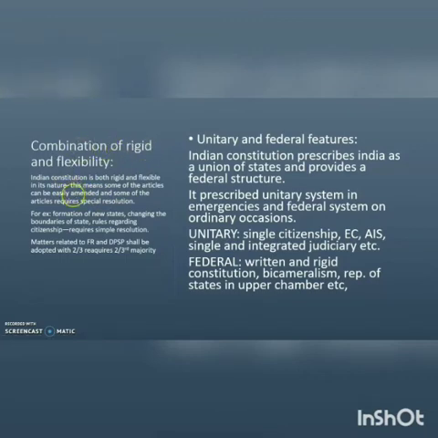Now, which articles cannot be changed easily, and which articles can be changed easily? For example, on your screen, formation of new states, changing the boundaries of the states, and rules regarding citizenship require a simple resolution. That means some of these articles are flexible in nature.